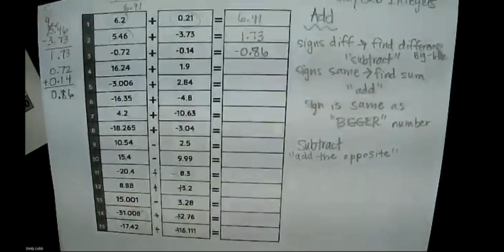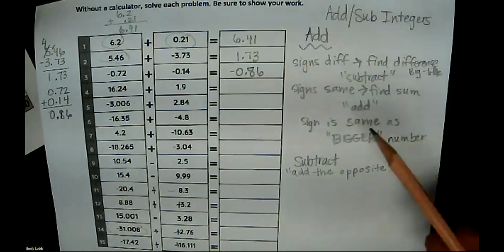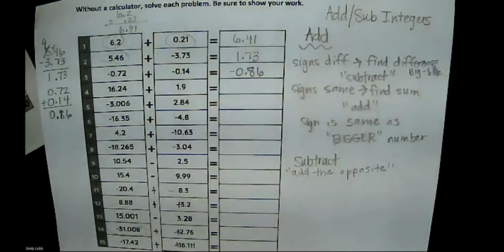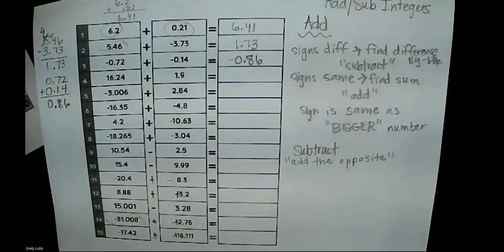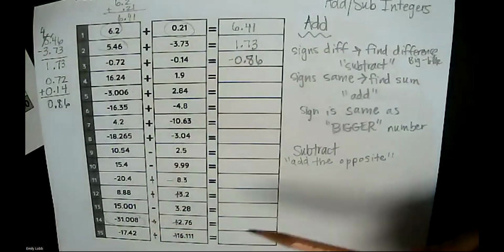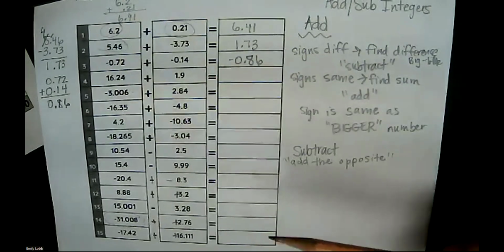When our signs are different, we're finding the difference. We're taking the big number minus the little number and subtracting. When our signs are the same, we find the sum and add them. And then to figure out our sign, it's always the same as the bigger number. I've kind of gone through all these subtractions and edited them for you, but really we're adding the opposite.